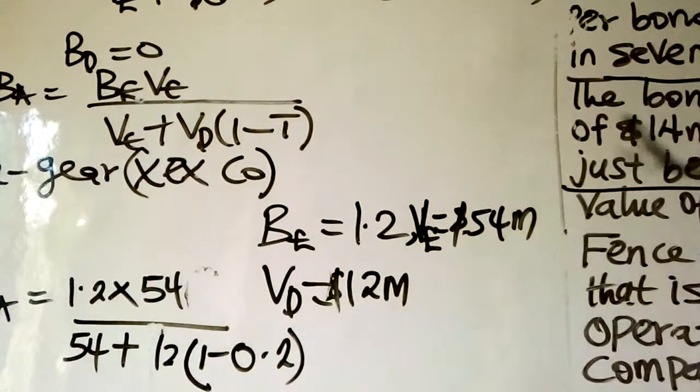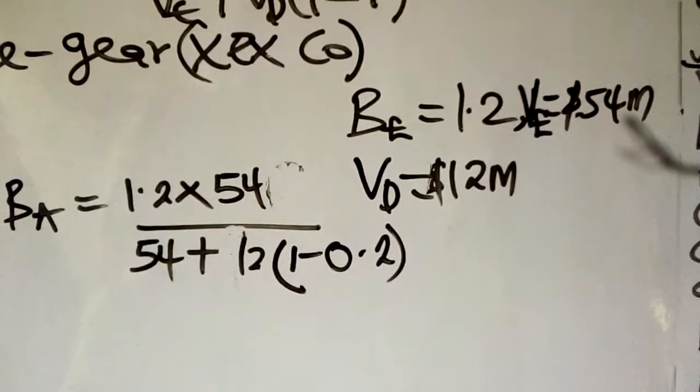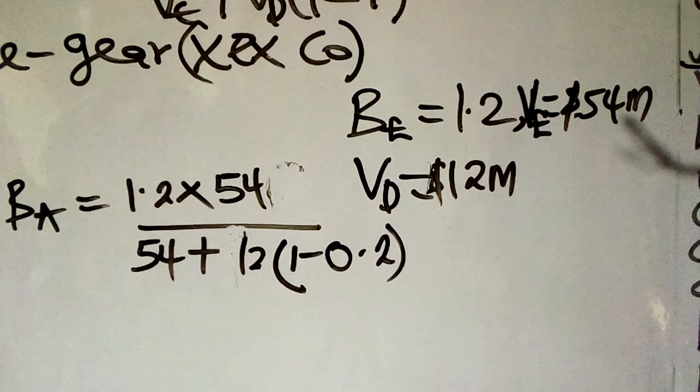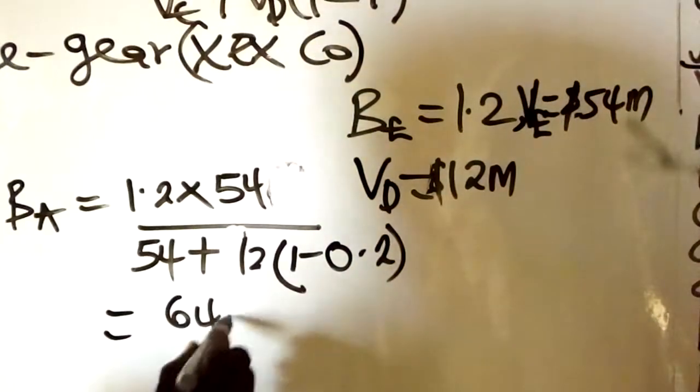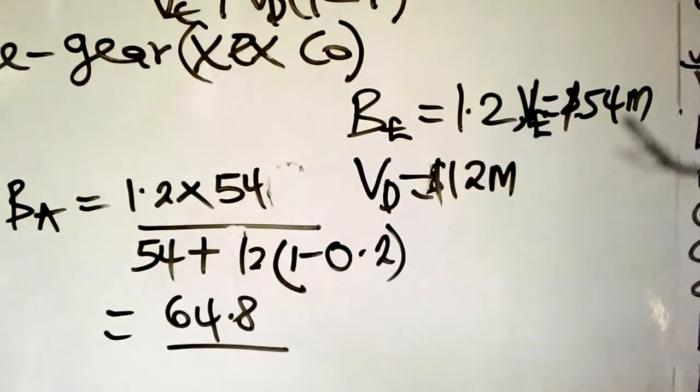Then 1.2 times 54, then we have 64.8 over, if you subtract 1 minus 0.2, it will be 0.8.